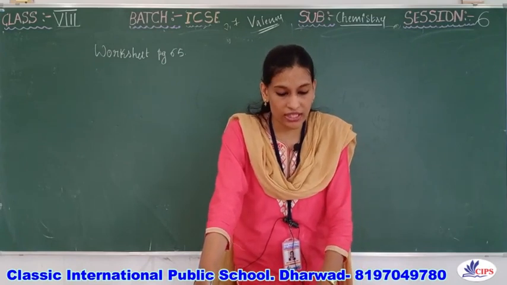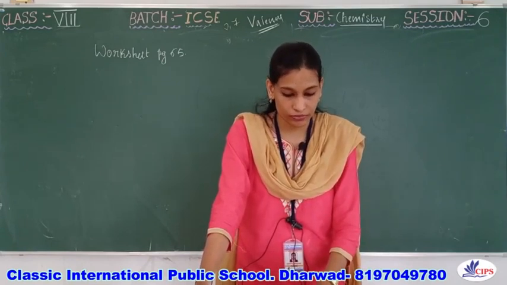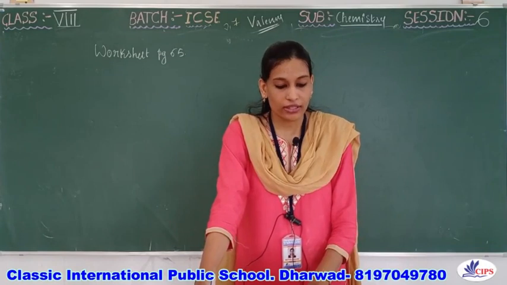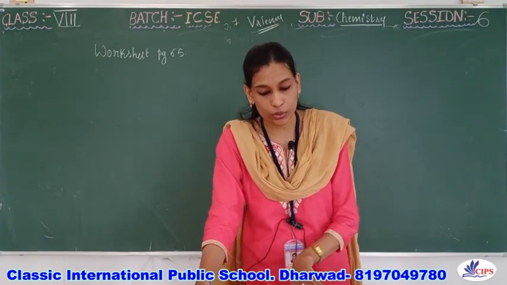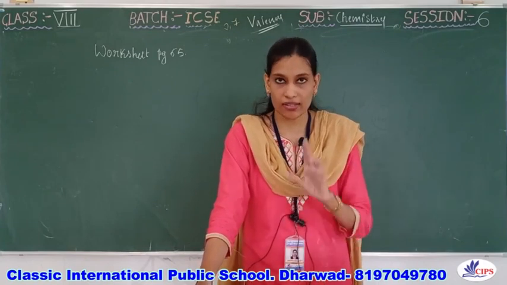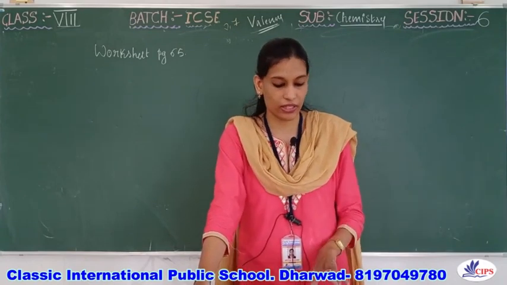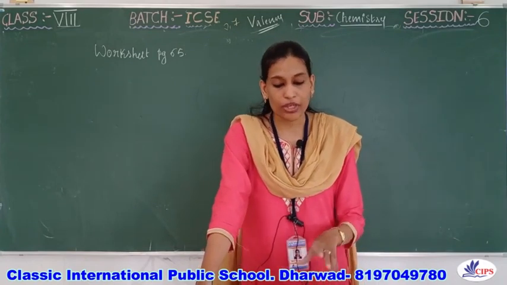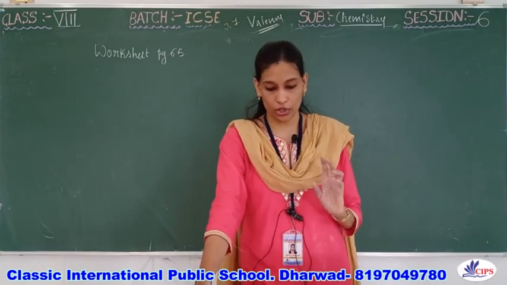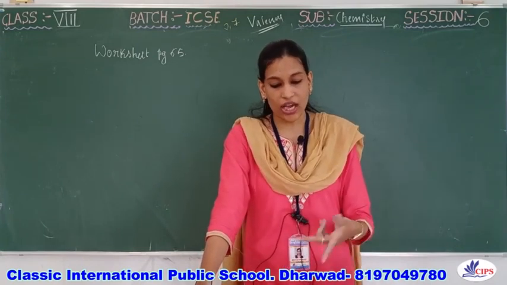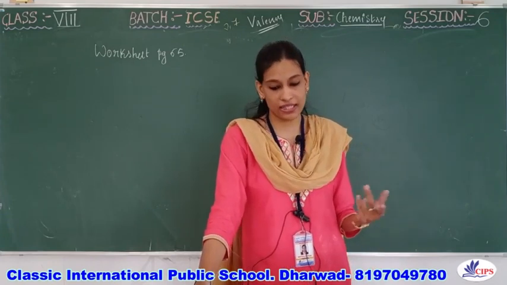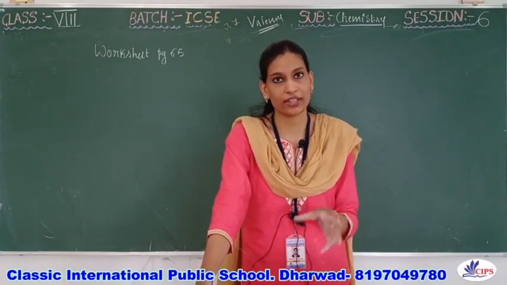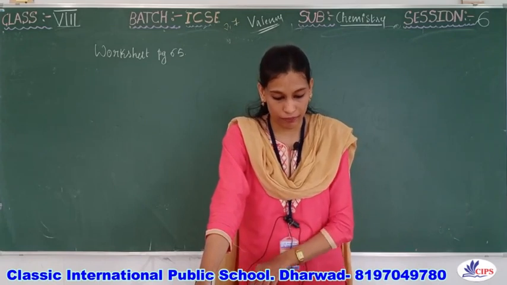Third, Goldstein discovered protons. The fourth answer, 6.02 into 10 to the power minus 19, is already given. Fifth, the plum pudding model was proposed by J.J. Thomson. For the table, it is on the page next to the last page; you can refer to it and complete that table.